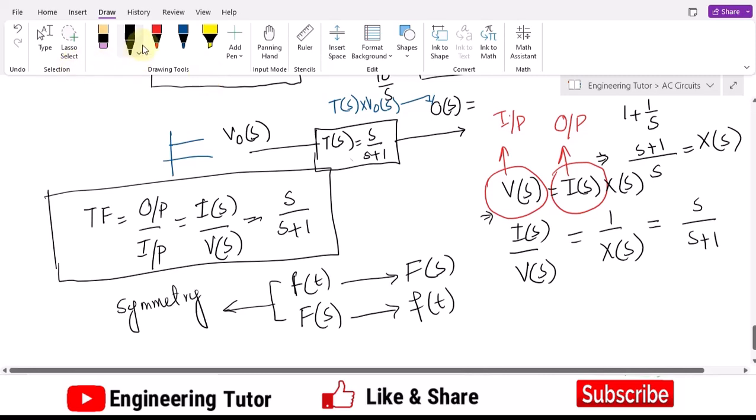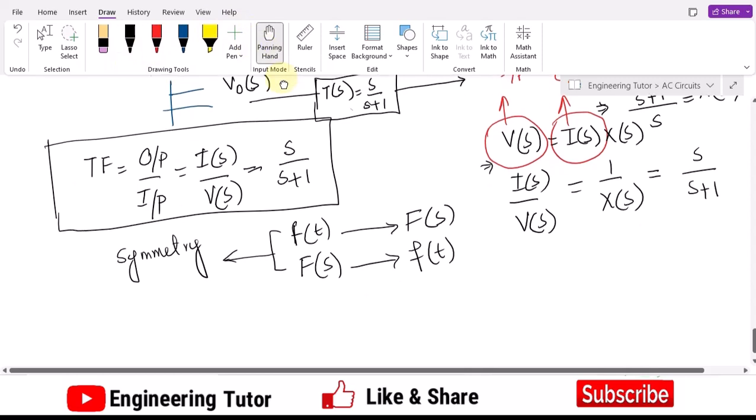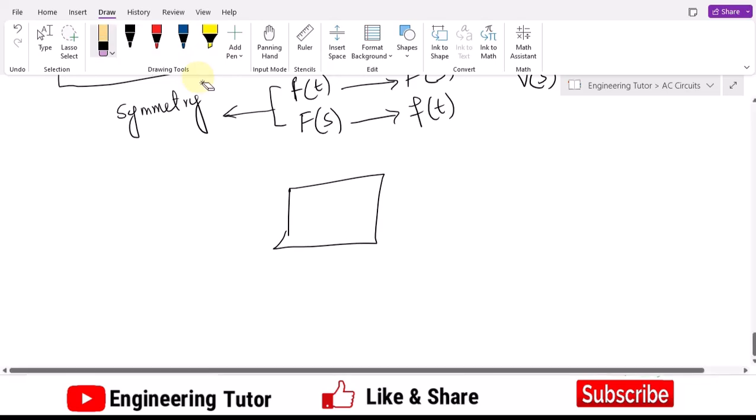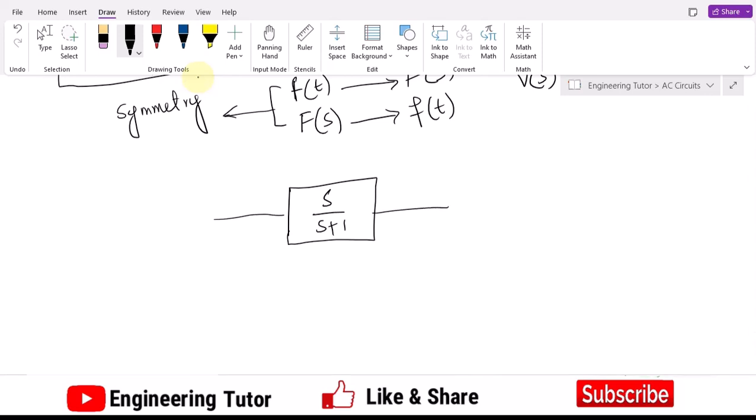Okay. So, this is due to another property which you have also studied, and that is symmetry. As we have these quantities now, this is a block, this is the transfer function, while this is the output.